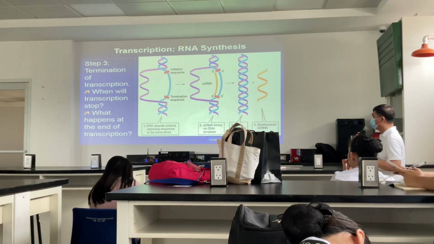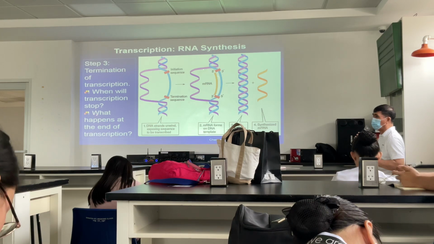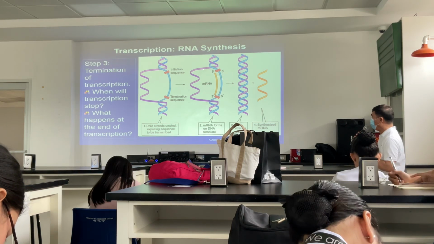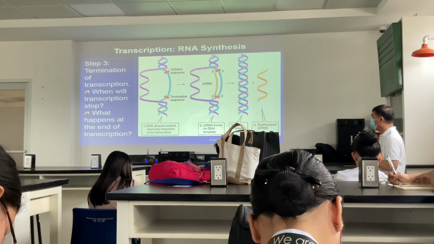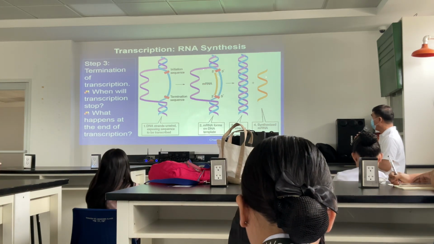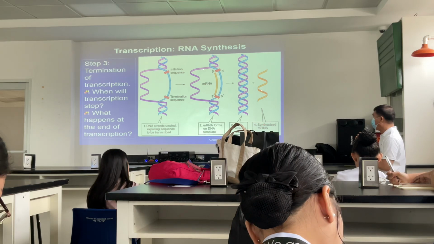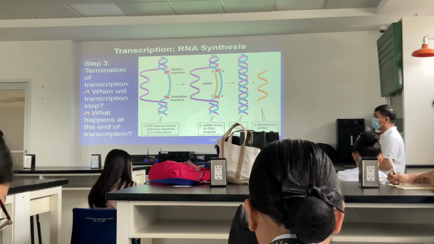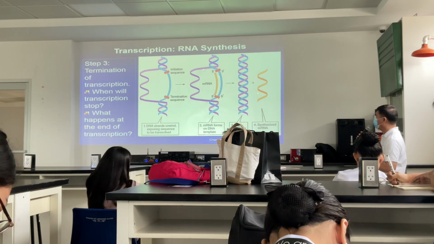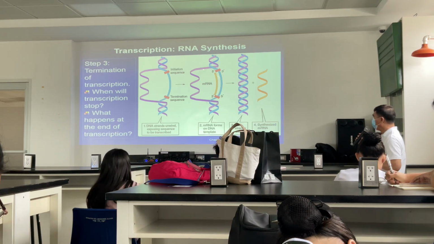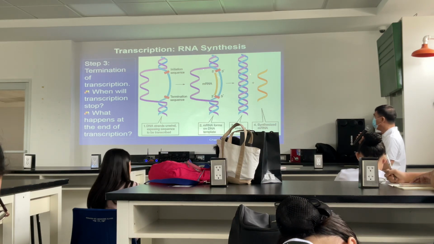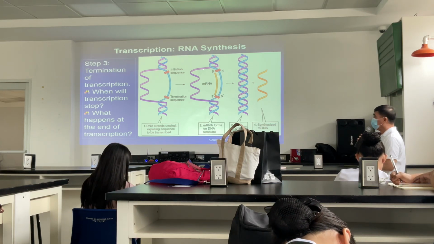So what happens at the end of transcription? After RNA polymerase recognizes a termination sequence, the RNA synthesized will be released. And the second thing that will happen, the DNA will rewind to form back the original DNA molecule.